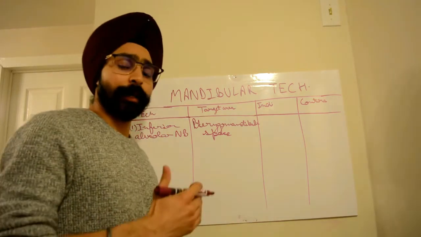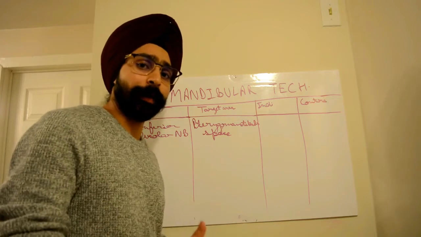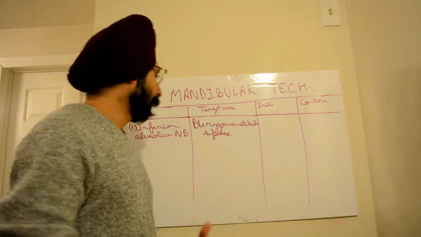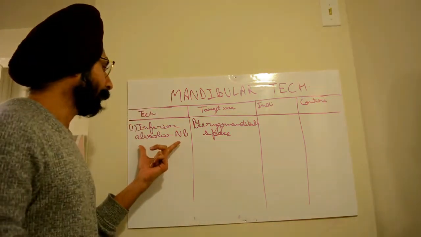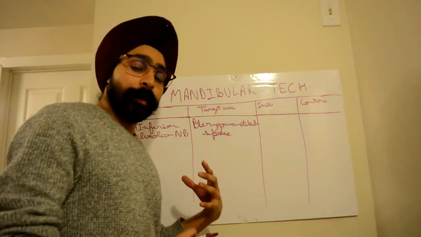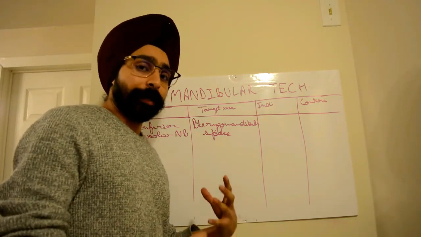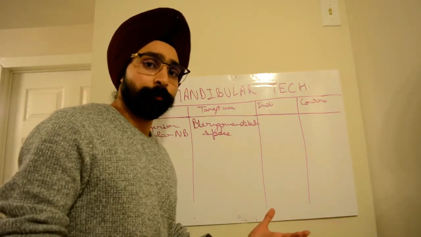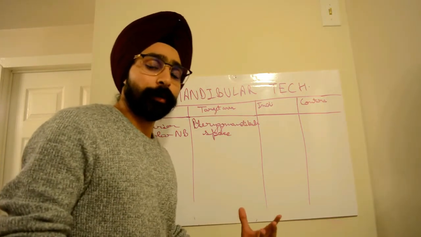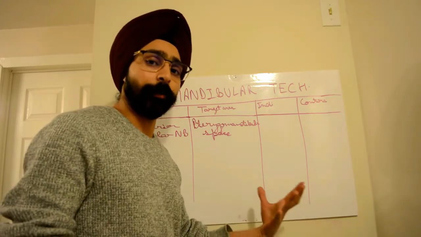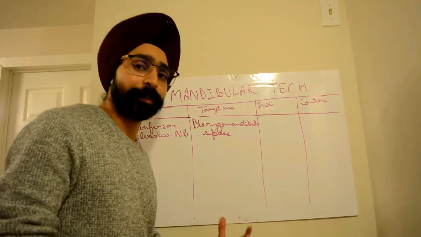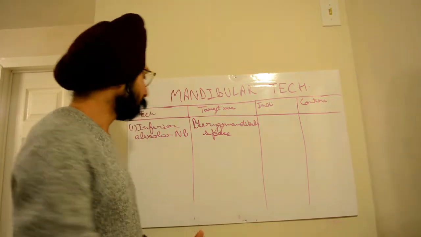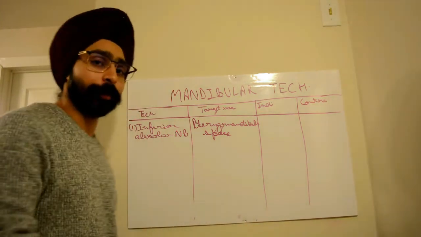Let's say if a patient needs root canal treatment on lower premolar, in that case we will give inferior alveolar nerve block. But when that patient needs RCT on upper premolar tooth, rather than giving a nerve block, we will give infiltration. But since infiltration does not work well in mandible, we will give inferior alveolar nerve block.